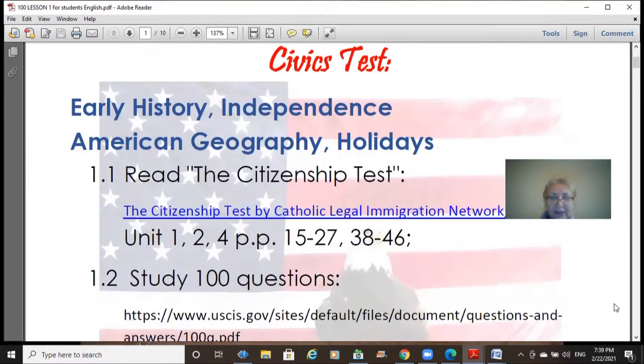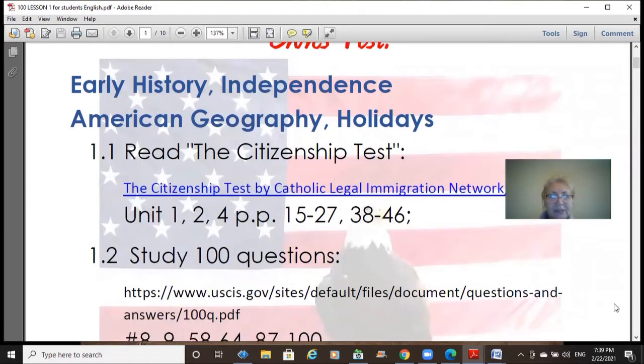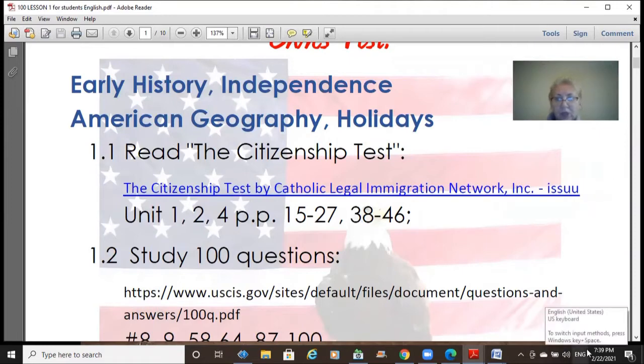And to do that, I recommend you read some material from the Citizenship Test booklet, which you can find by clicking on this link right here. If you do, you will also be able to download this booklet to your computer. So for this lesson, I want you to read Unit 1, 2, and 4.